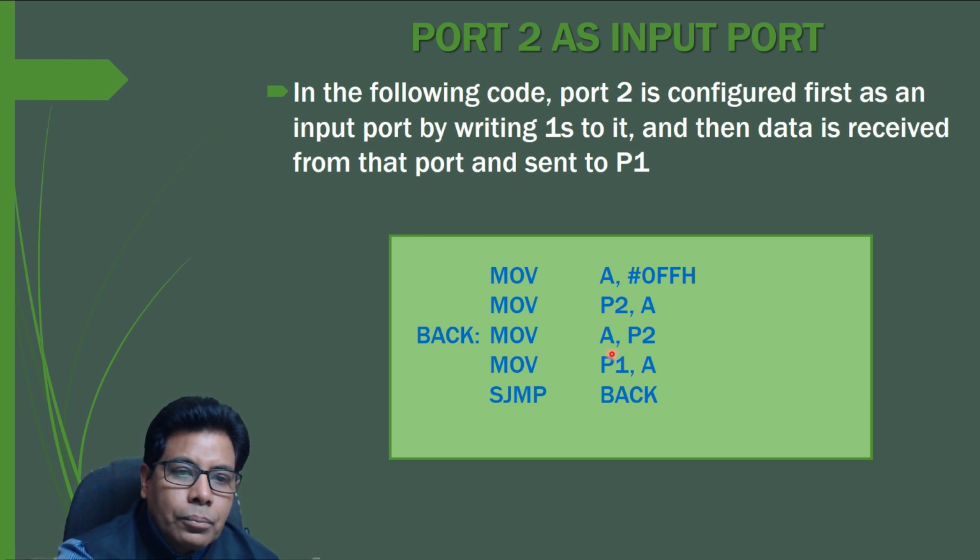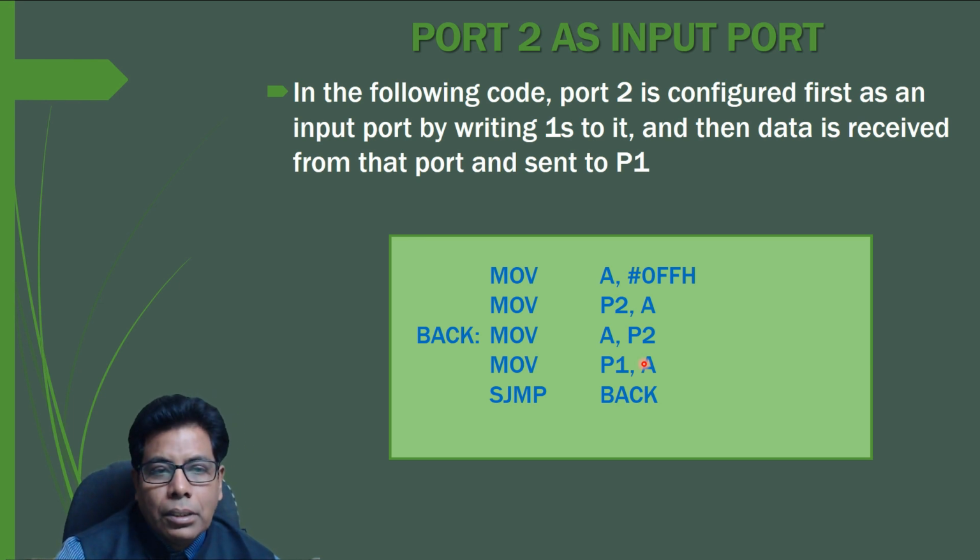Then here we move A comma P2. So port 2 is moved to A, and then A is copied to P1. Then there is a SJMP, we will jump back here. So again this will be repeated continuously. Whatever data is received from port 2, it is sent to port 1 with the help of this code.